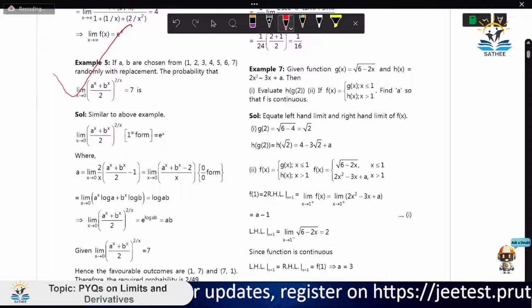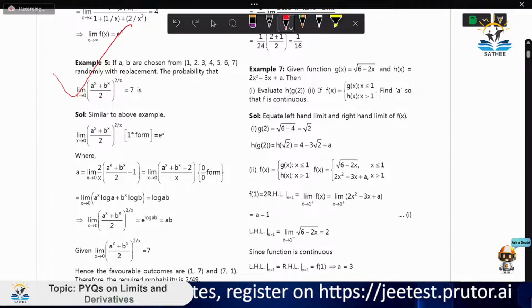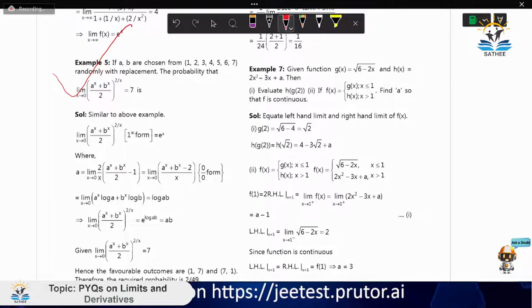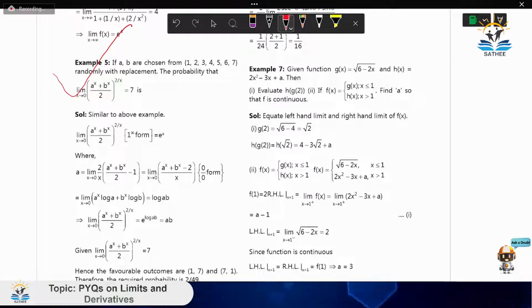So let us go through the solution. We first recognize what kind of limit we have. Is it the 0 by 0 form, the 1 to the power infinity form, or the infinity by infinity form?